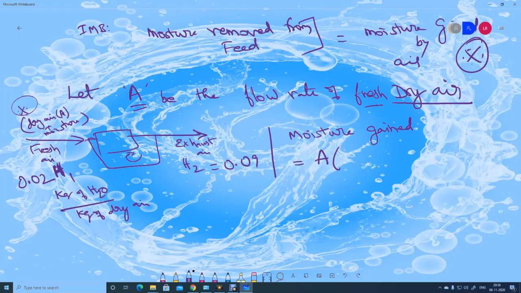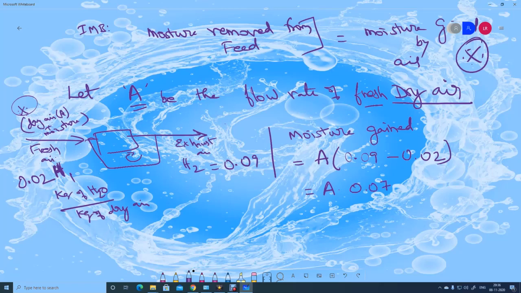Then moisture gained is equal to A into 0.09 minus 0.02. When we multiply by humidity 2 minus humidity 1, we get the moisture gained.